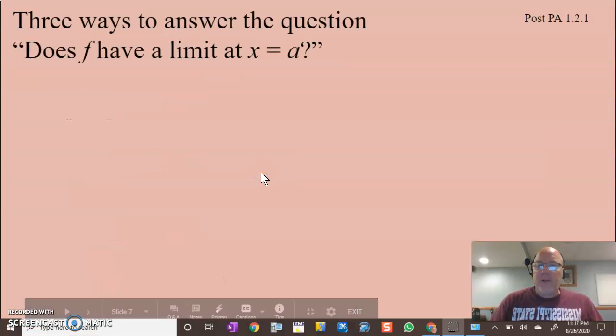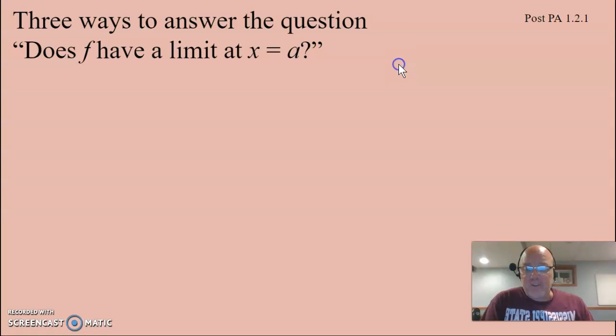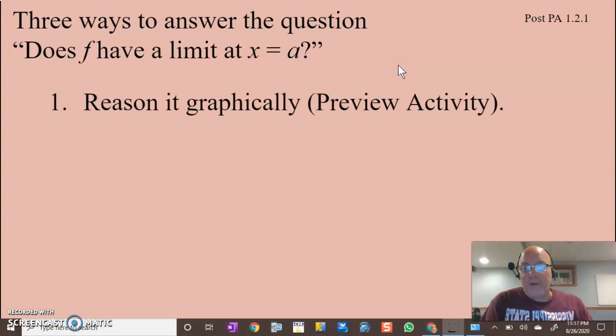Okay, so there are 3 ways to answer the question, does f have a limit at x equals a? The first way is to reason it graphically, and that's what you did in the preview activity. You look at the graph and you determine the limits from a graph.